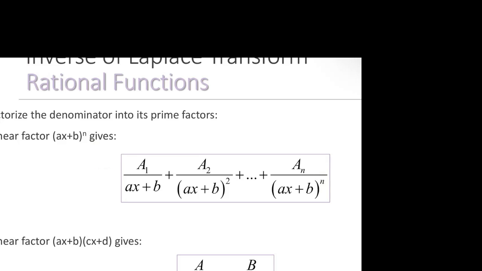This is how we break down a linear factor.